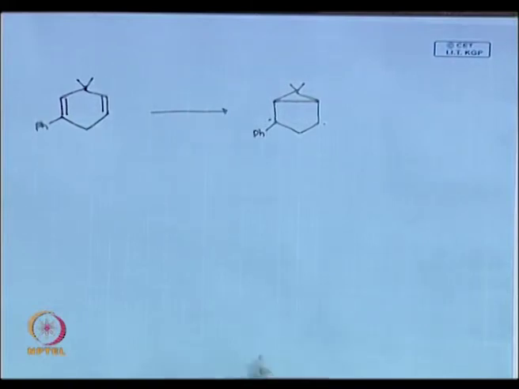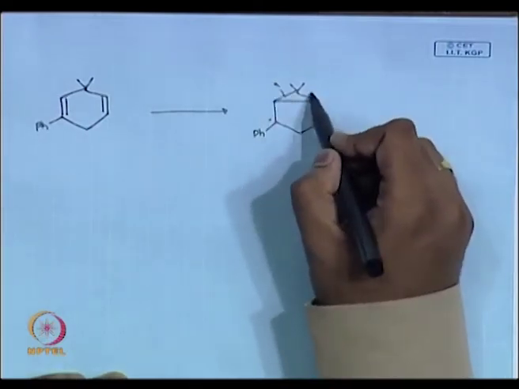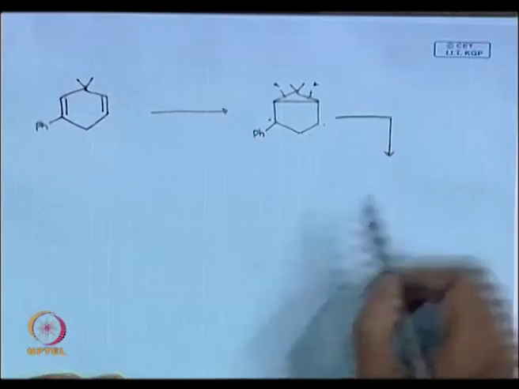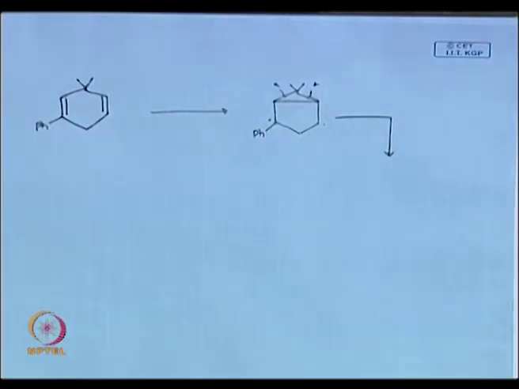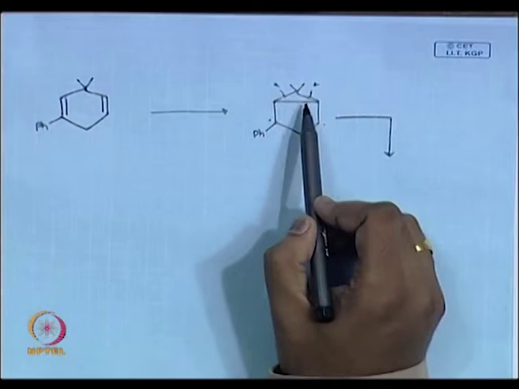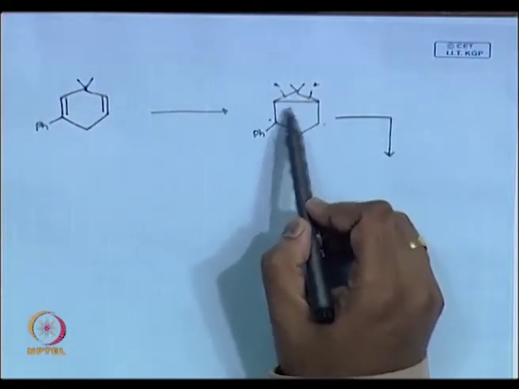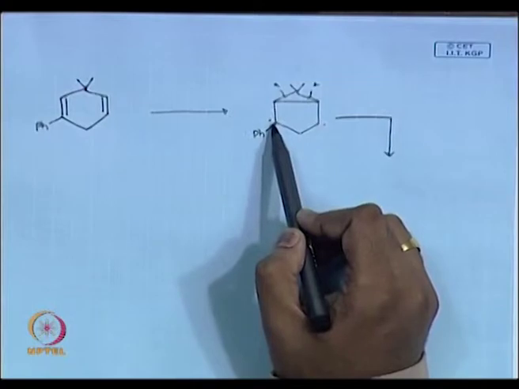So which way do you want to cleave? You have A and B. Which direction do you want to cleave it? You want to cleave A or B? B, because your radical will be stable, this radical, right?